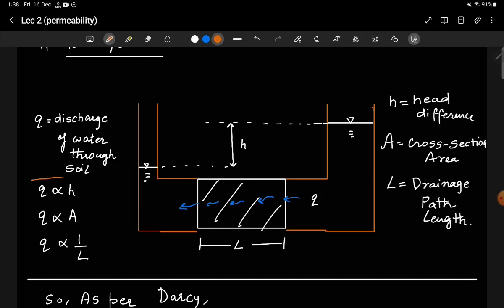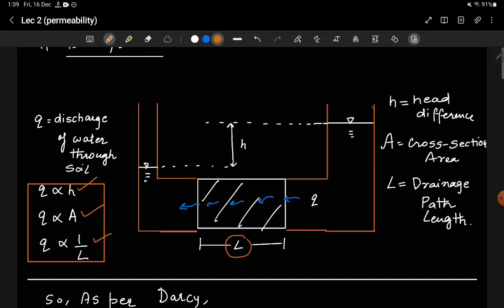He found that the discharge of water through the soil was directly proportional to the head difference maintained across the soil. It was directly proportional to the area of cross section of the soil sample, and it was inversely proportional to the drainage path length of the soil sample.